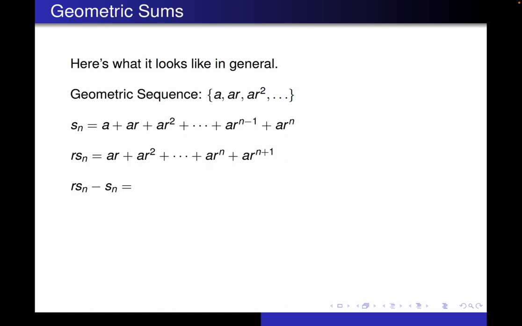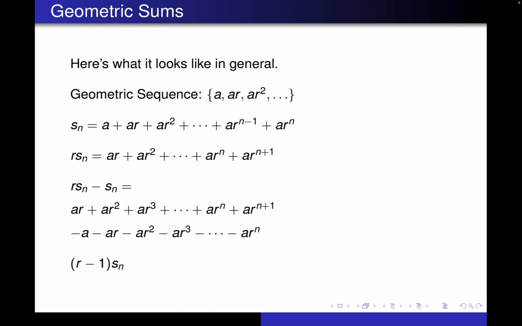Now I'm going to take r times Sn and subtract Sn. On the left-hand side, that's what you get. On the right-hand side, there's the plus r times Sn, and there's the minus Sn. If I take the left-hand side and factor out an Sn, we get r minus 1 times Sn. On the right-hand side of the equation, there's going to be a lot of cancellation.